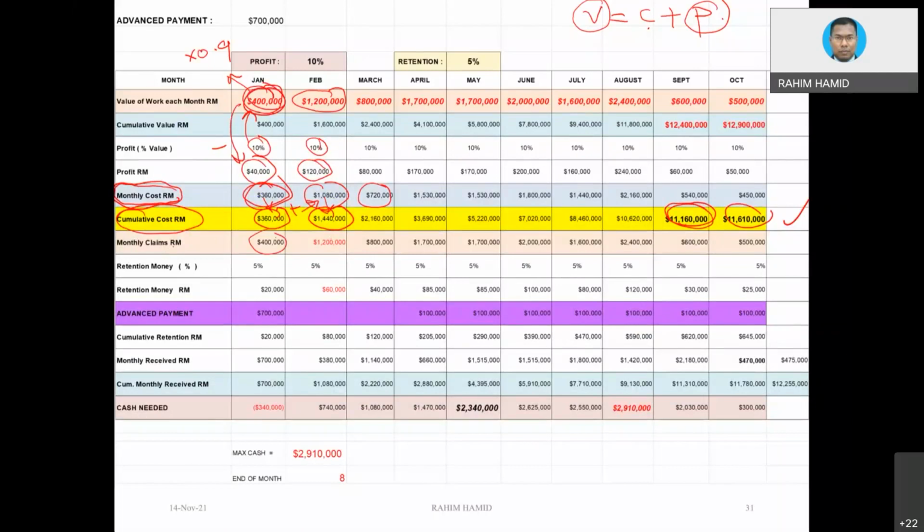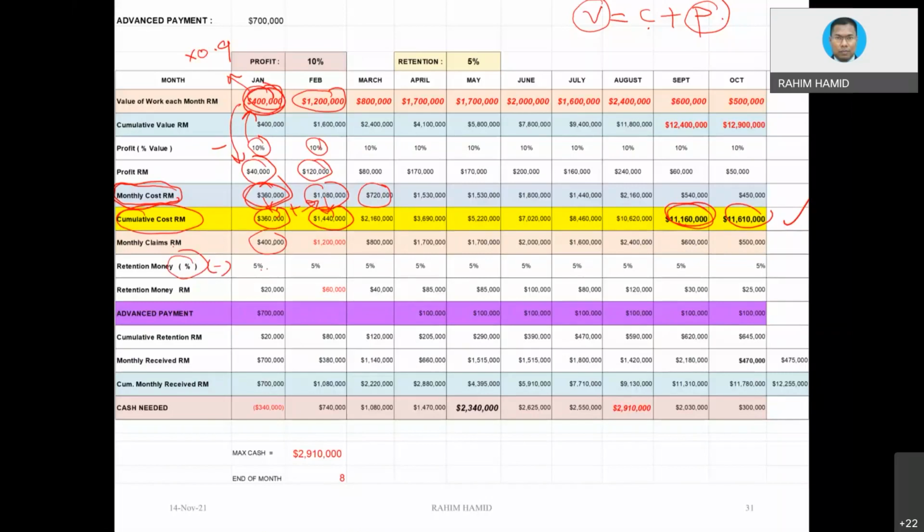But then comes the retention money. Remember, retention money is the negative thing, meaning something which has to be deducted from our claim. 5% from the value, or from whatever we can claim. Do not deduct the retention money from the cost.